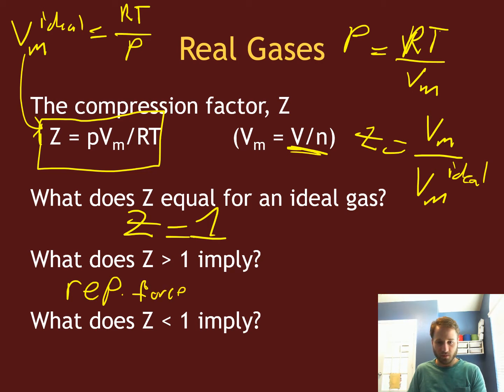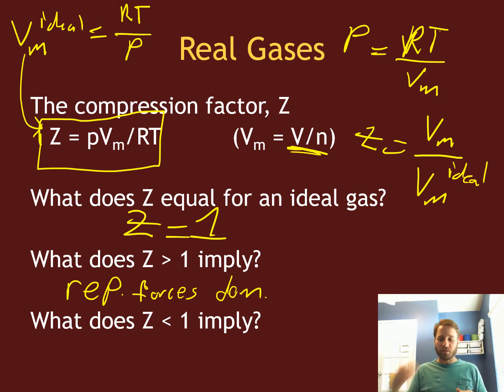And then if Z is less than 1, it's the exact opposite effect. Now your gas is taking up less space than an ideal gas would, because the molecules that make up this gas are attracted to each other, so they want to stay near each other instead of bouncing off walls.